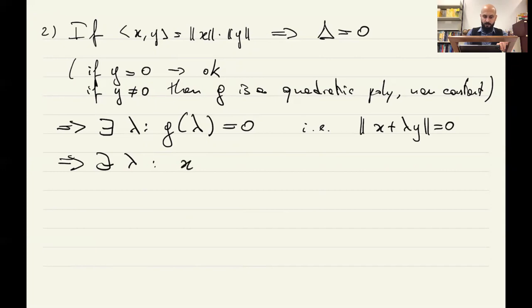But then we get that x plus lambda y is equal to 0. So we again have that x is linearly dependent on y. This is the end of the proof of Cauchy-Schwarz inequality.